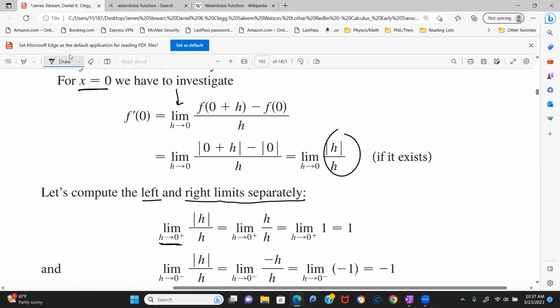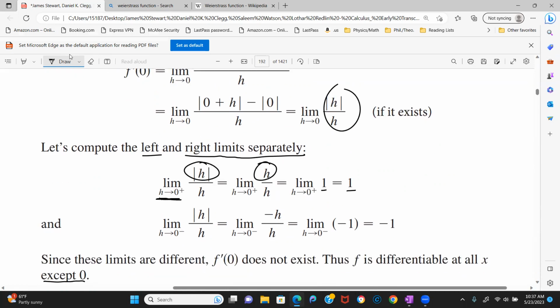If h is to the right of 0, it means it's positive, so the absolute value of h just equals h. So h over h is 1. So the limit is 1. On the other hand, when h approaches 0 from the left, the absolute value of h is going to be negative h. So then we have negative h divided by h, which gives you -1, and the limit of a constant is just the constant, so -1.